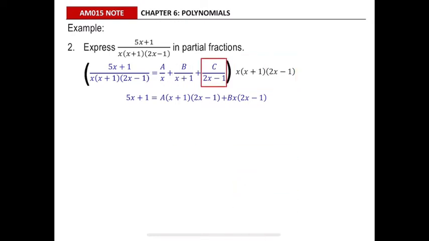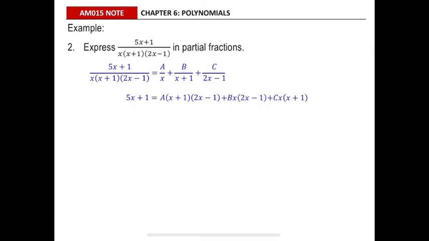And the last one, multiplying this fraction with this one will cancel the 2x minus 1 and leave C multiplied by x multiplied by (x plus 1). Now we have an equation with unknowns A, B, and C.